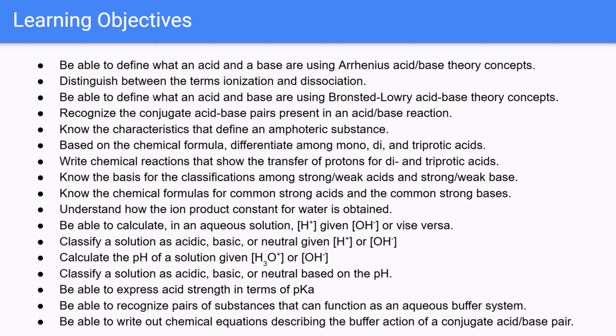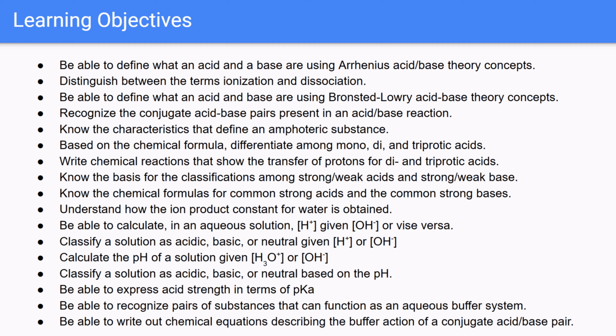We will go ahead and get started with the objectives, and boy, do they look long, but we'll try to get this done in an hour just like we always do. I want you to be able to define what an acid and base is, distinguish between the terms ionization and dissociation, define an acid and base using the Bronsted-Lowry method, recognize conjugate acid-base pairs, know characteristics that define what's called an amphoteric substance, differentiate among mono, di, and triprotic acids, write chemical reactions that show the transfer of protons, know the classifications for strong and weak acids and bases, know the chemical formulas for those as well, understand how the ion product constant for water is obtained.